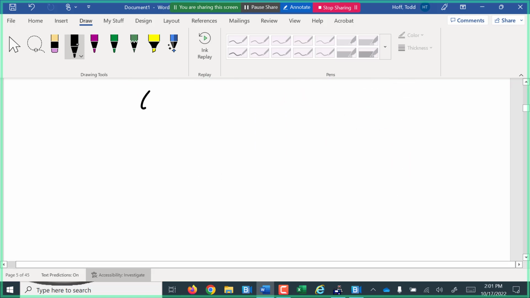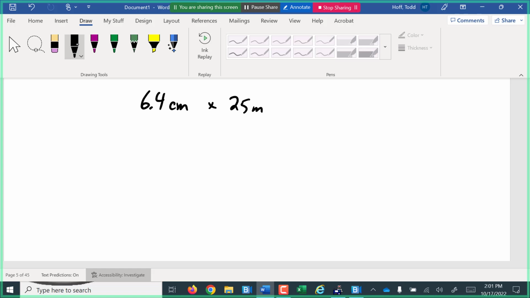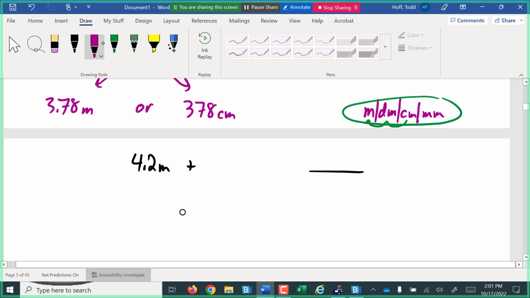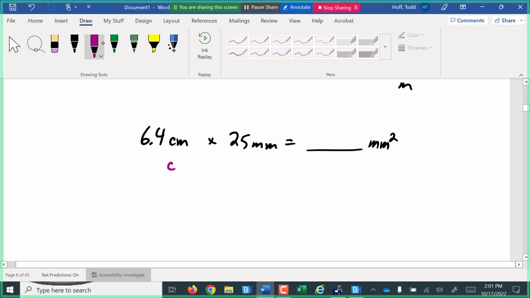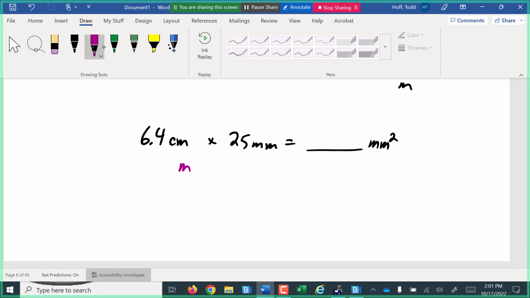Or if I have 6.4 centimeters times 25 millimeters, and let's say I'm told that I want this in millimeters squared. Which one needs to change? The centimeters needs to change. Good. So 6.4 centimeters becomes how many millimeters? 64 is correct, yes.